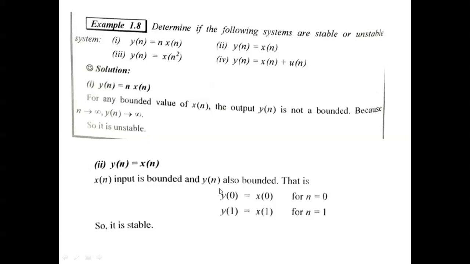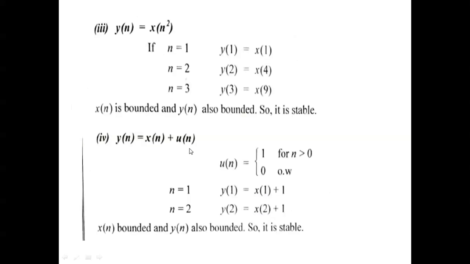So x of n is bounded and y of n is also bounded, because applying n equal to 0, both are equal, and n equal to 1, both are equal. Similarly here, applying n equal to 1 and n equal to 2, x of n is bounded and y of n is also bounded, so it is stable. Both are bounded.